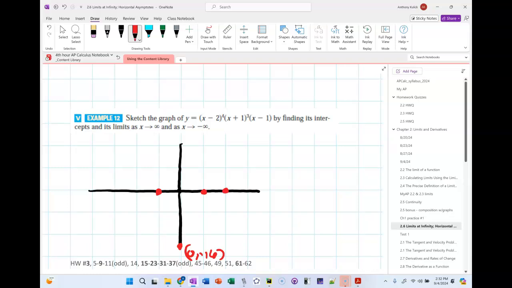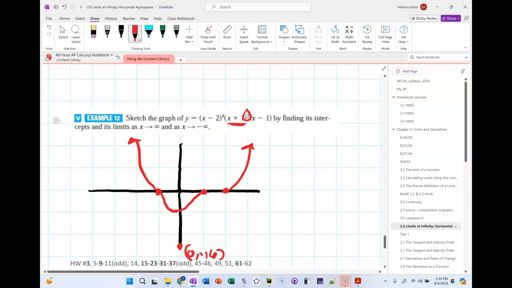Is the leading coefficient positive or negative? Positive. So I know that the end behavior should be doing that, right? Even degree, leading coefficient positive. Now, this guy tells me that I have like a bend going through, so it's going to do one of those. I come here at 1.